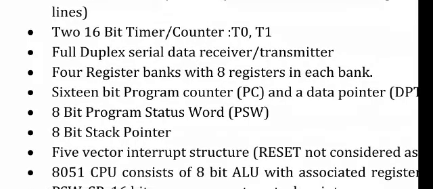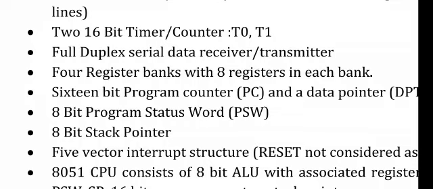So general purpose registers. Yes, it has the accumulator, B register, and it also has 4 register banks. This is a little new concept, but we can say that it has 32 general purpose registers: 8 registers in bank 0, 8 in bank 1, 8 in bank 2, 8 in bank 3.